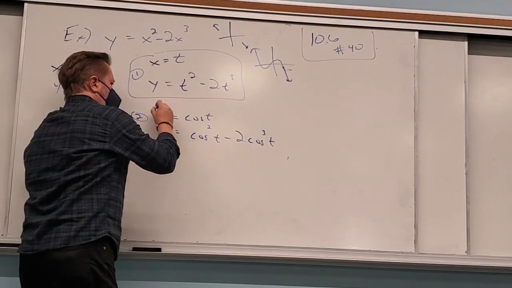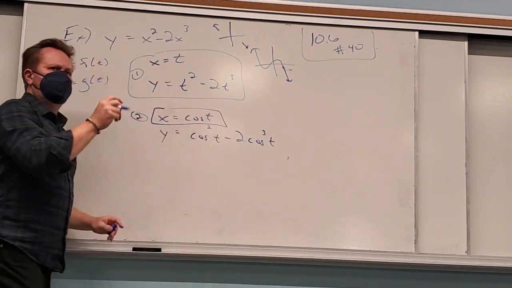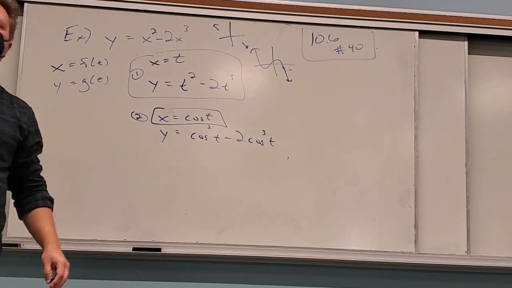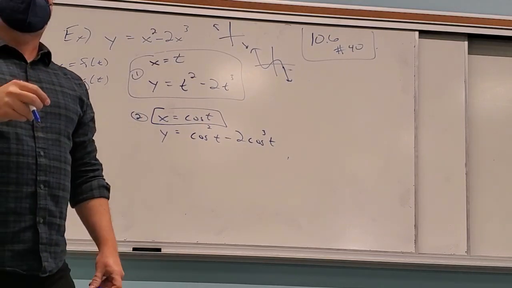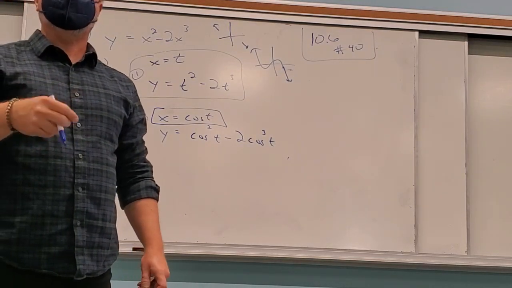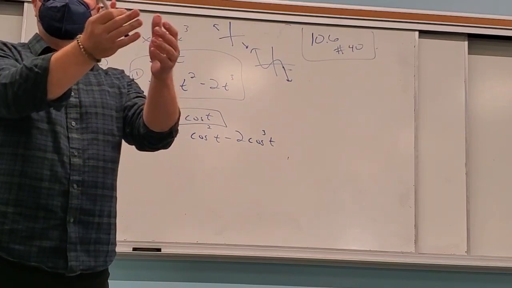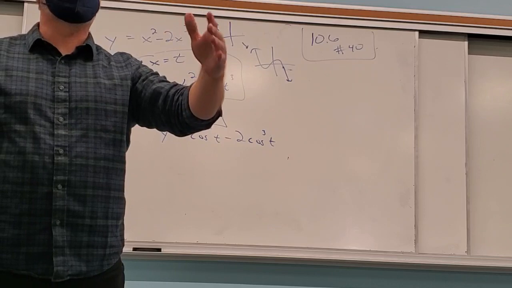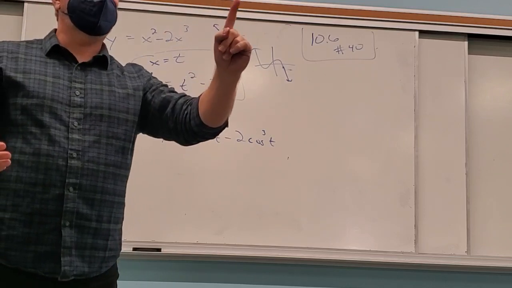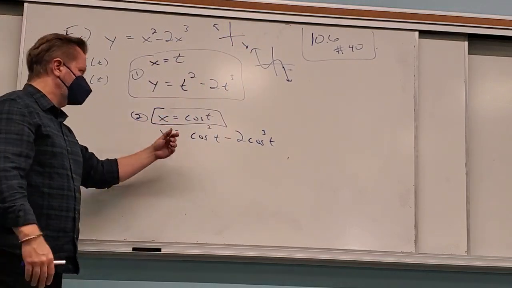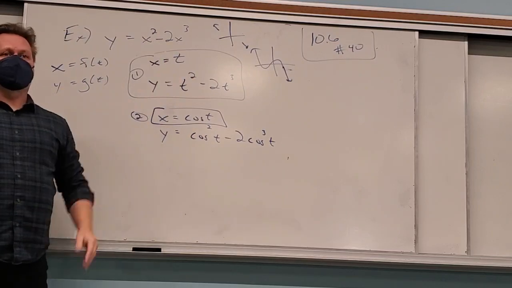Now really try to stay with me here. If I define x to be cosine t, how big can x get? What's the biggest output for cosine? 1. How small can x get? Negative 1, right?